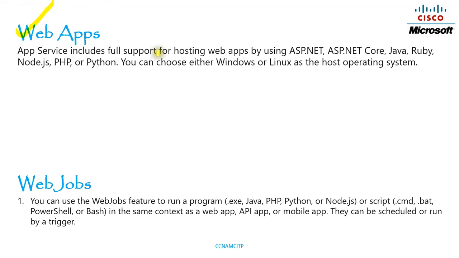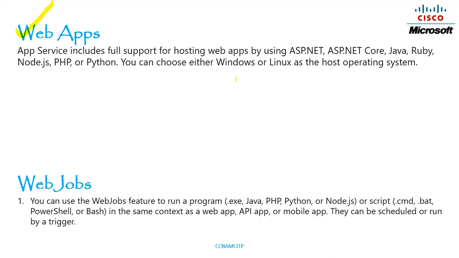Okay, so how you can host web apps: using ASP.NET, ASP.NET Core, Java, Ruby, Node.js, PHP or Python. So these are the languages you can use to host web apps. Okay guys, and you can choose either Windows or Linux as the host operating system for web apps with the help of Azure App Services.